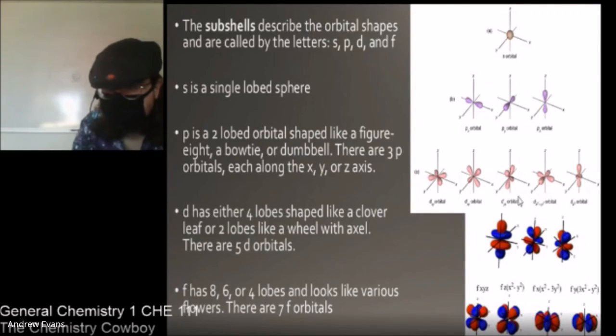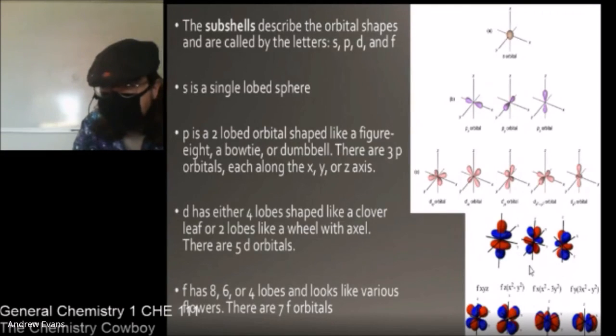And F gets even trickier. If we've gone from 4 lobes, we've now gone to 6, going in all 3 dimensions at the same time. With 6 lobes, they look kind of like flowers, and we have 7 different possibilities, so they could hold a total of 14 electrons.